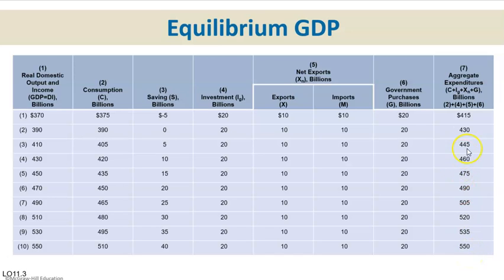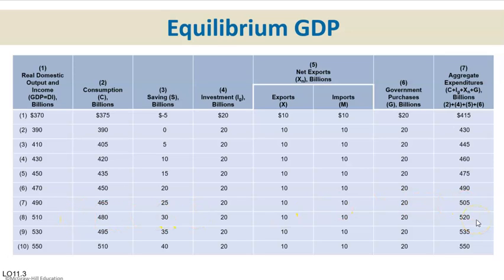In each row, find the consumption, so 375, plus the investment, 20, plus the net exports, we said was 0, plus government purchases of 20, add them together, you get aggregate expenditures. So in this row, it would be 415. And you'll do that for each row. Calculate the aggregate expenditures from that row.